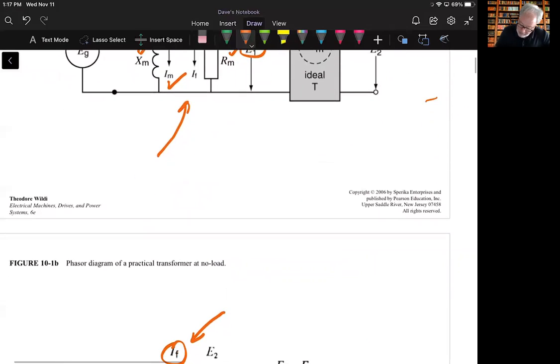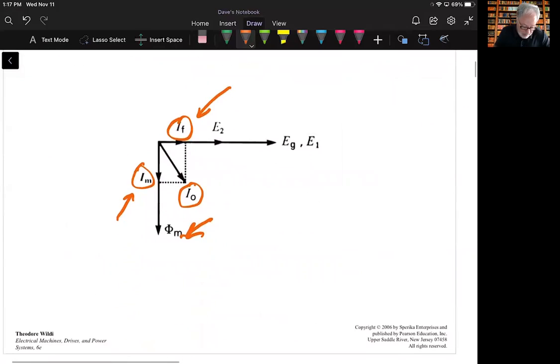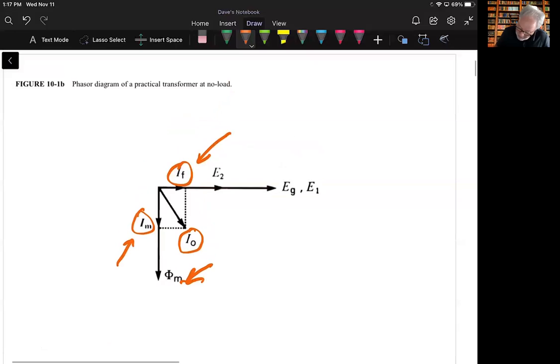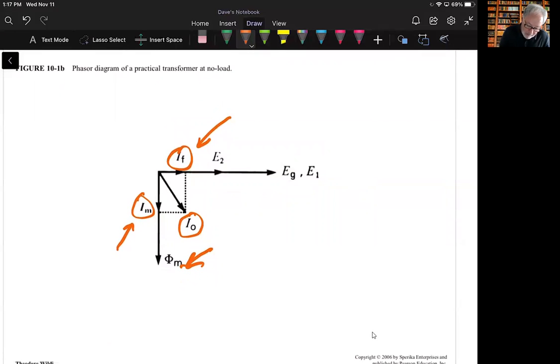The phasor diagram at no load for this less than ideal transformer is shown here in 10B, and we can even get a peak value for the mutual flux, and that goes back to equation 9.2. So let's look at that.